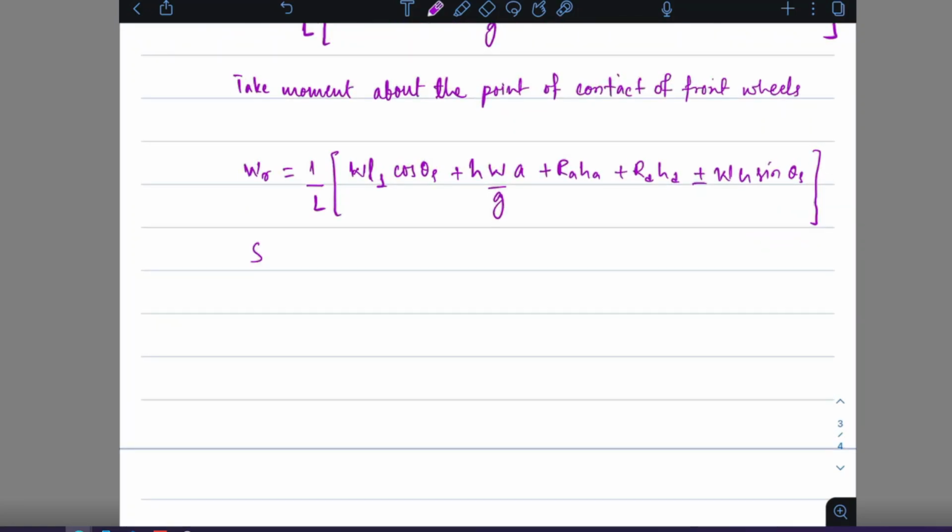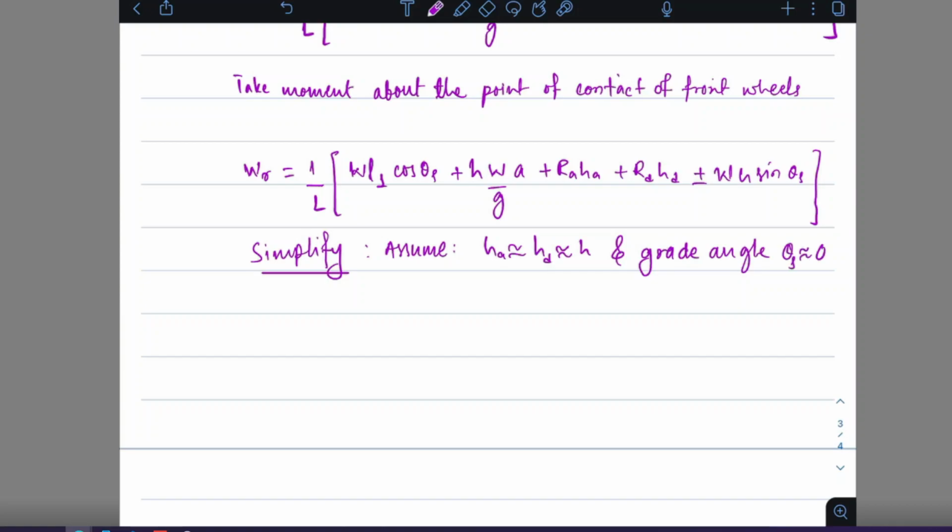If we were to simplify these equations by assuming that my HA and HD are H and the grade angle is small, then we can write cos theta as 1 and sin theta as it is.